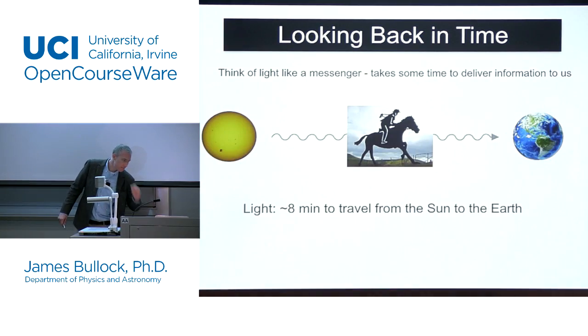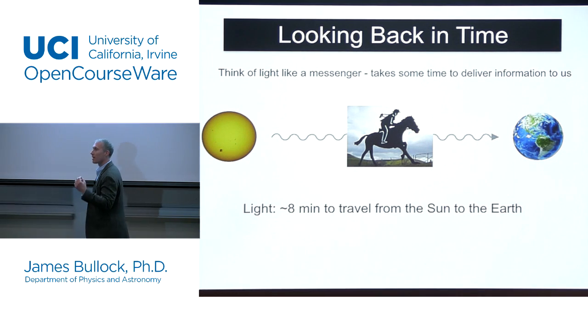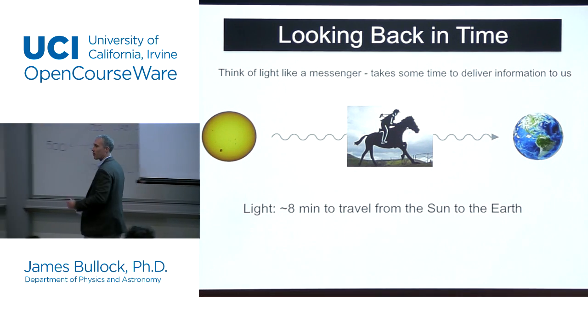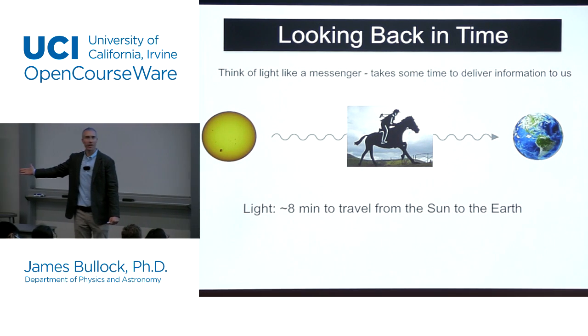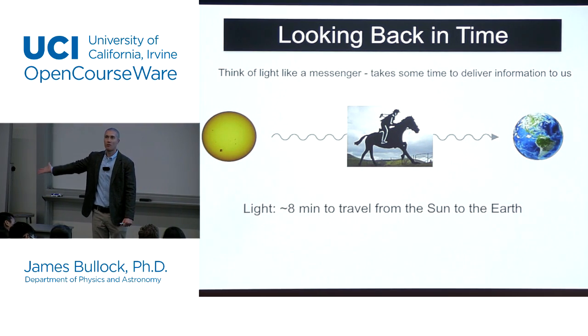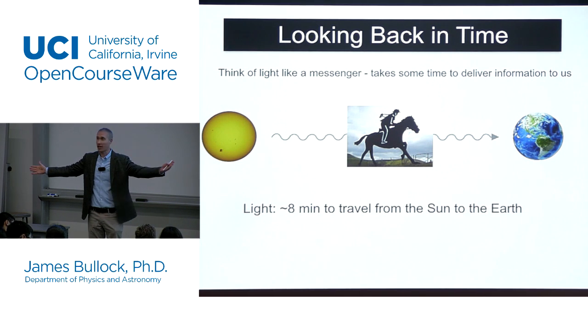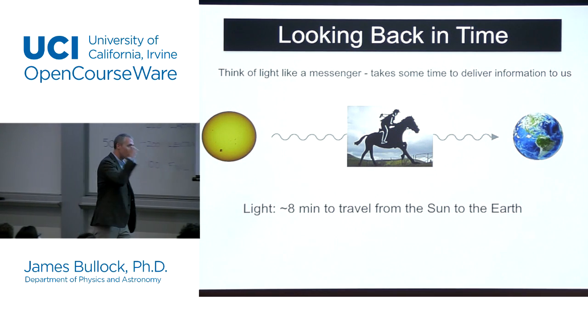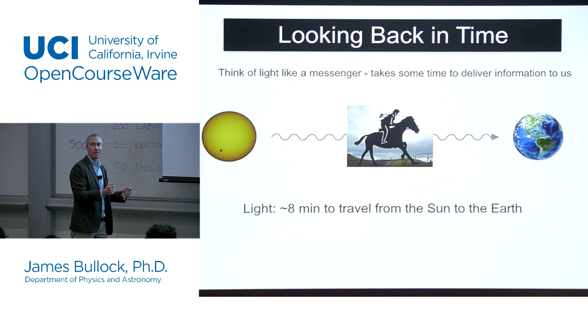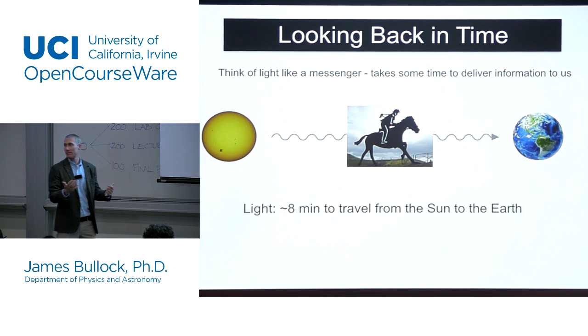So let me give you an example. One way to think about light is it's like a messenger. You can think of someone on horseback carrying a message. Right? There's a battle that happens. You've just lost the battle. You need to go tell the king that you've just lost the battle and people need to evacuate the city or whatever. So you go trampling in your horse, and 2 days later you get the news. Oh, uh-oh, an army's coming our way.